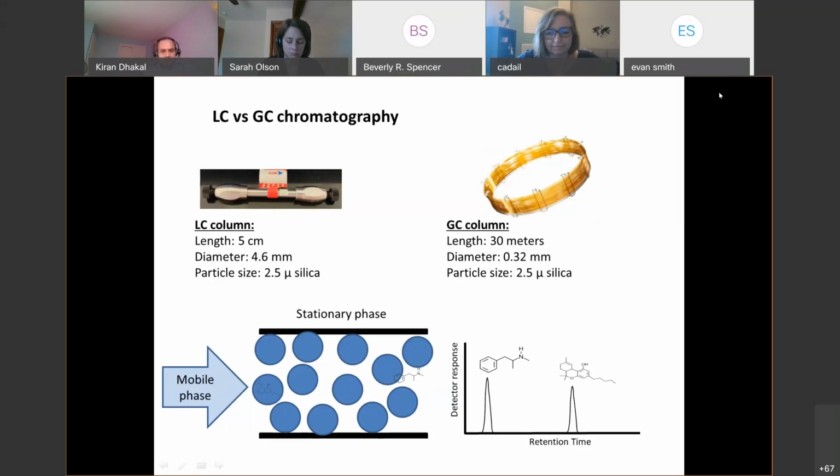Amphetamine does not have any interaction with the stationary phase, and it will elute within a minute from the column. But your THC molecule is a large lipophilic molecule, which will remain in the stationary phase for a longer time and elute at a later time. This way we can separate amphetamine and THC and get a signal at two different retention times.